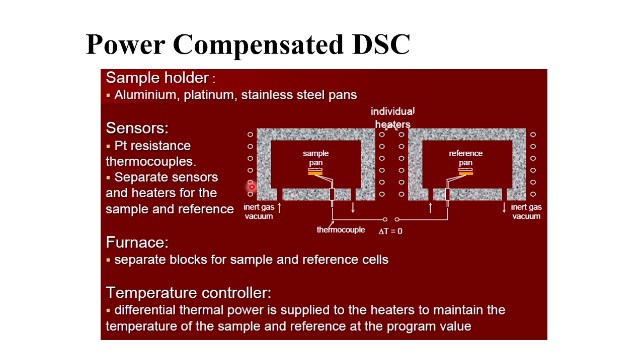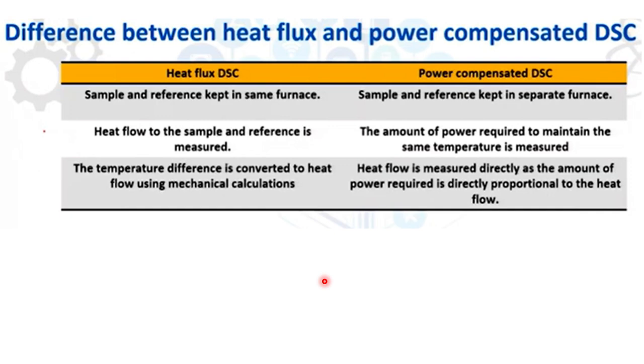The sensors used here are platinum resistance thermometers, with separate sensors and heaters for the sample and reference, and furnace blocks that are separate for sample and reference. For the temperature controller, differential thermal power is supplied to the heater to maintain the temperature of the sample and reference at the pre-programmed value.